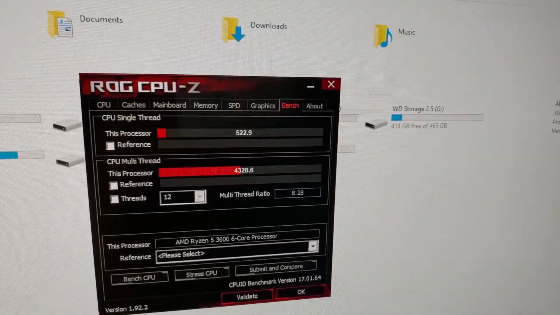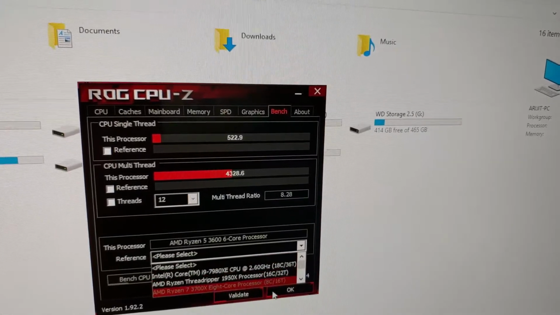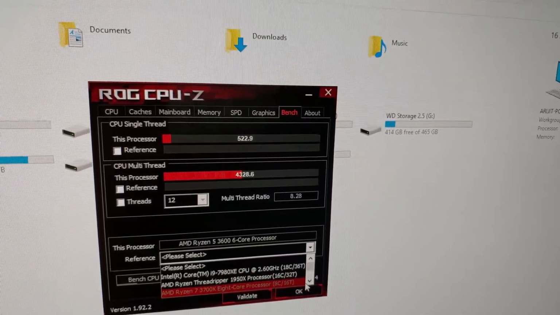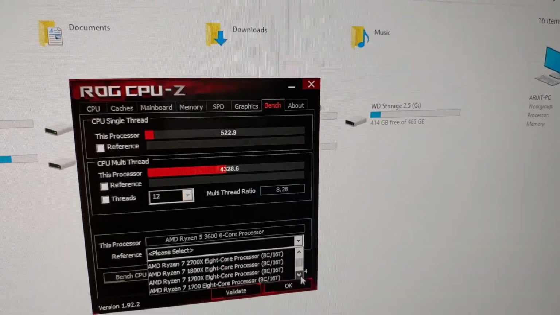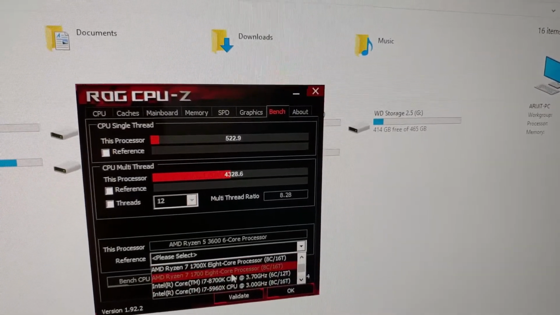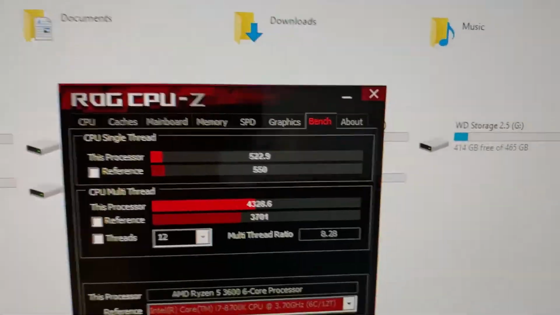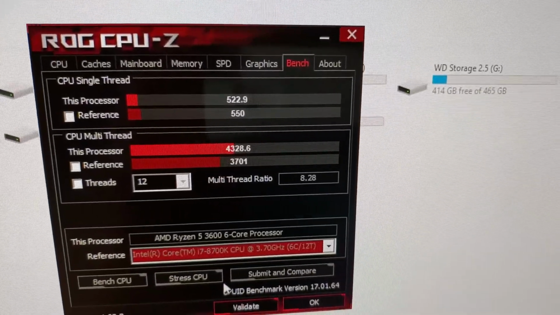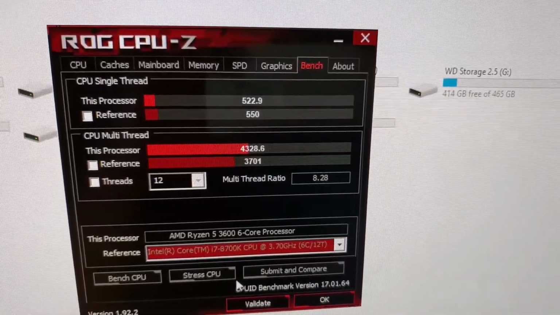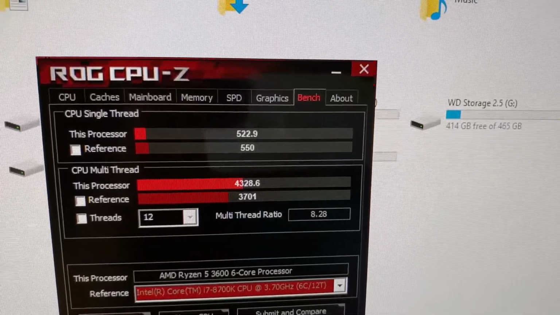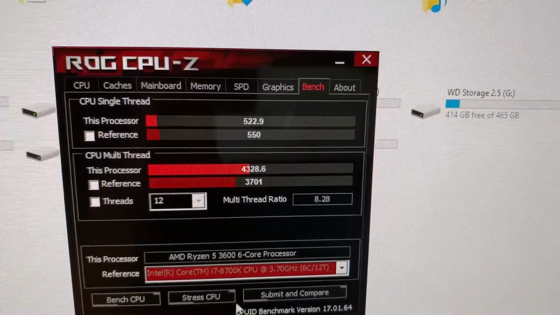You can compare it with various CPUs on stock frequencies from this list. Say we compare it with the 8700K, because this is also a 6-core CPU and a fair competition. You can see in multi-thread benchmarks we are very well above the 8700K, and with single thread, as you all know, Intel has an edge.